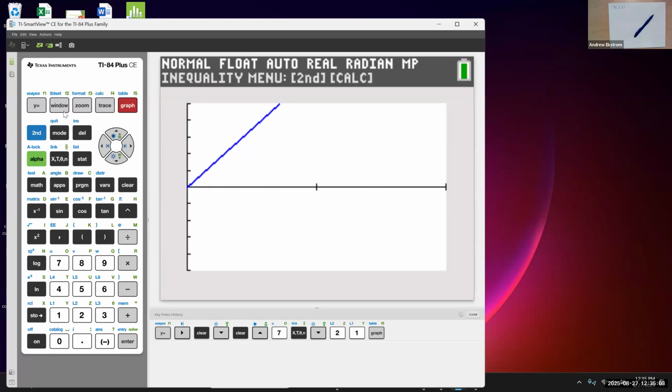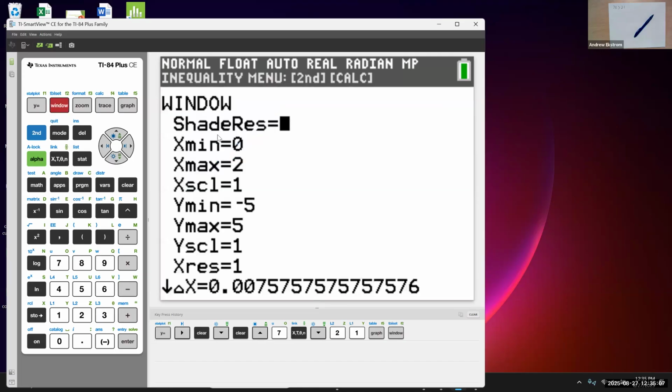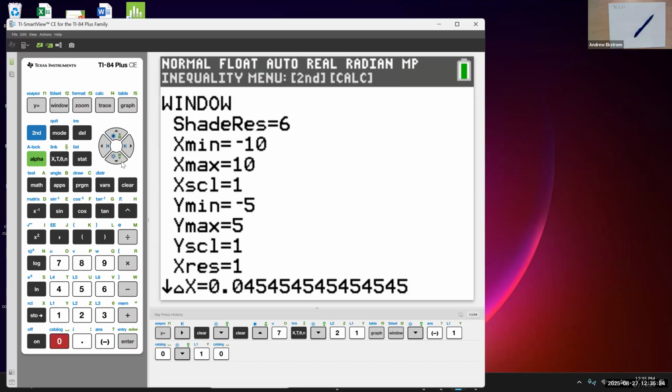So what this is telling me is this is 0, this is 1, this is 2. So 21, or 7x greater than 21, is definitely out of the view that we have here. So I have to go to Window. You can see X min, X max. Shade resolution, don't worry about that. I'm going to make this say negative 10 to 10. X scale, just leave it as is.